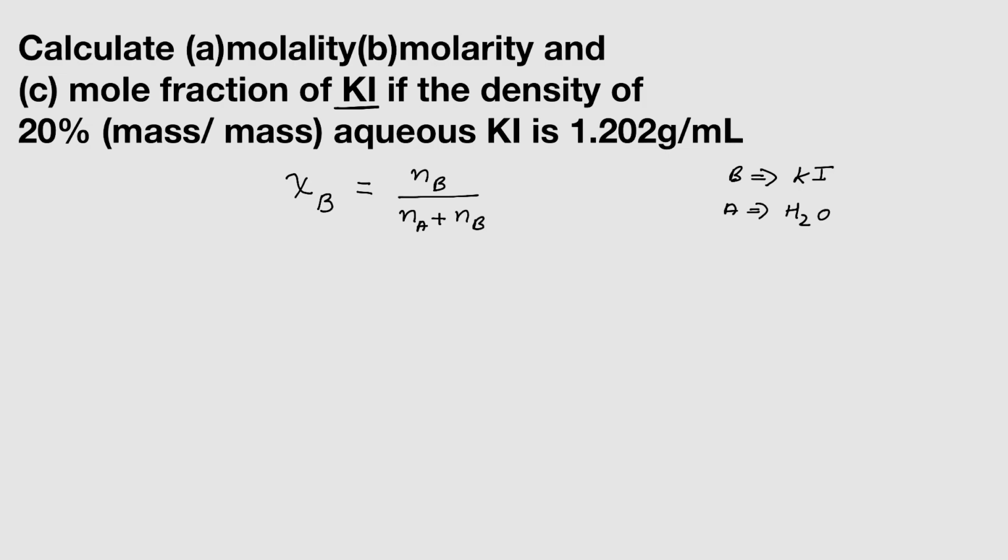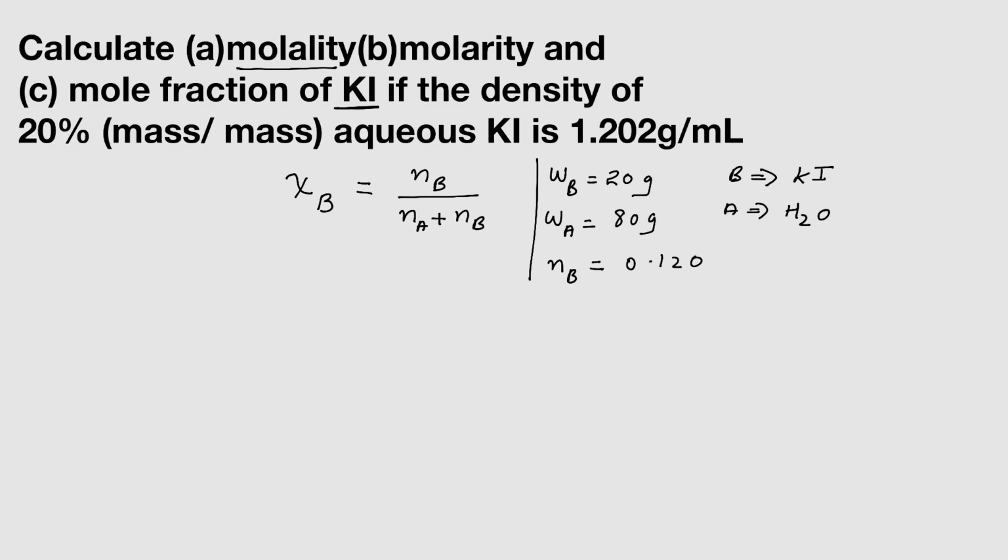During the calculation of molality, we already found the mass of KI and water. You remember, mass of KI is 20 gram and mass of water is 80 gram. Also, we found the number of moles of KI, that is 0.120. All that we already found during the calculation of molality. You can check it.